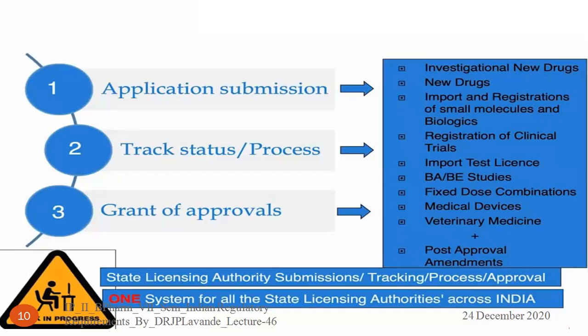You can go for tracking processes and approvals, and there is just one system for all the state licensing authorities across India. There you can apply for investigational new drugs, import and registration of small molecules and biologics, registration of clinical trials, import test license, bioavailability and bioequivalence studies, fixed dose combinations, medical devices, veterinary medicines, and post approval amendments.